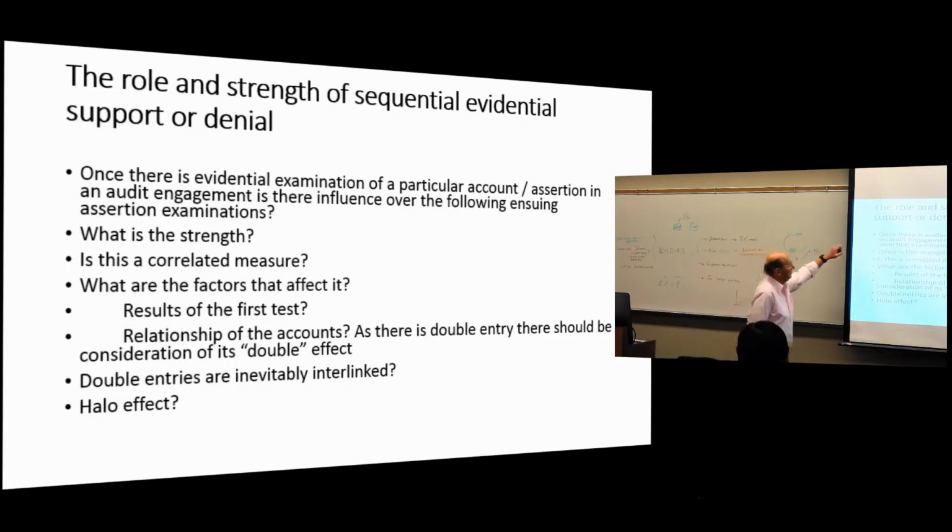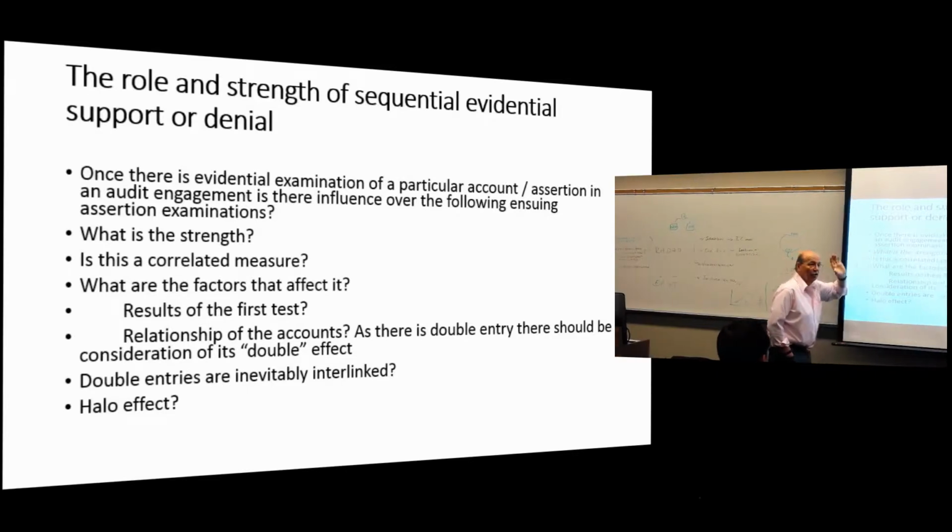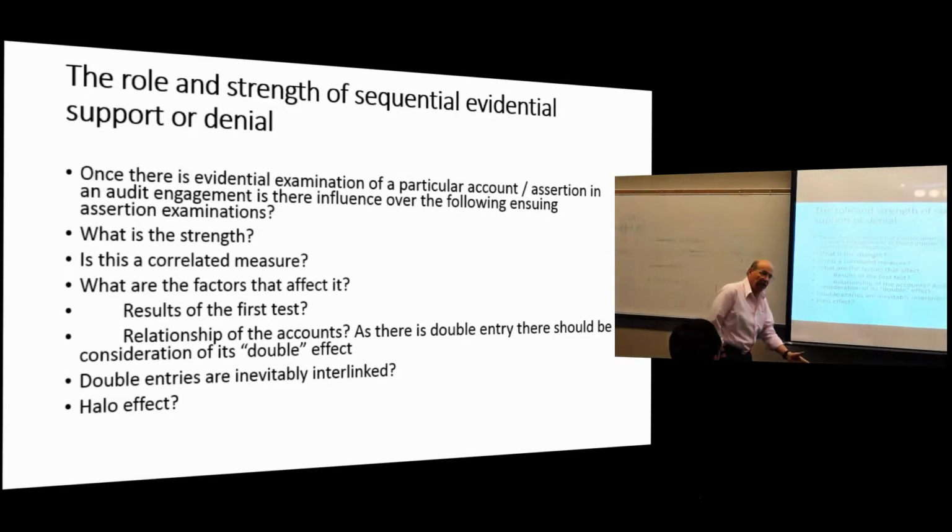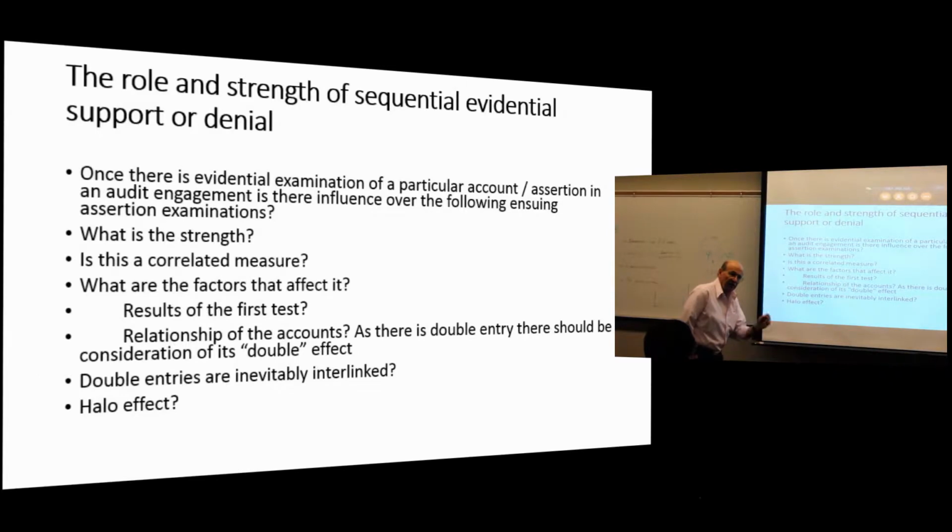So once there is evidential examination of particular account assertion and other equation, is there influence over the following ensuing assertion examinations? Meaning, do one account evaluation, assertion is, say, this population has integrity. Okay, assertions are things that you test.